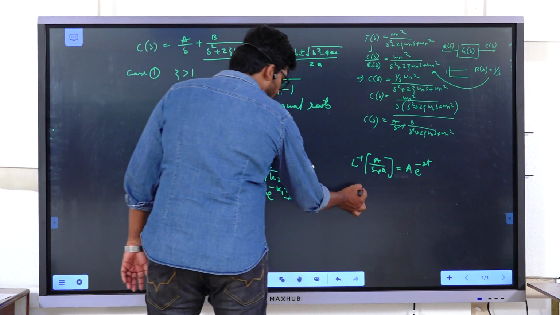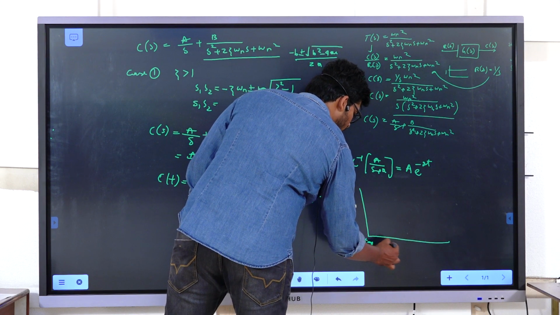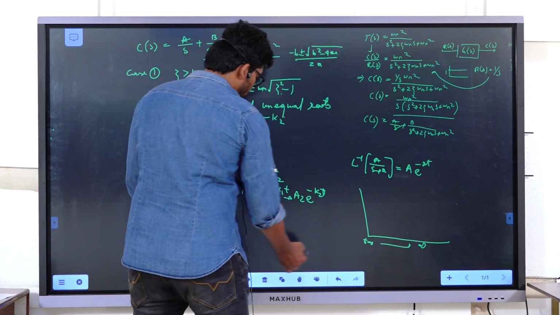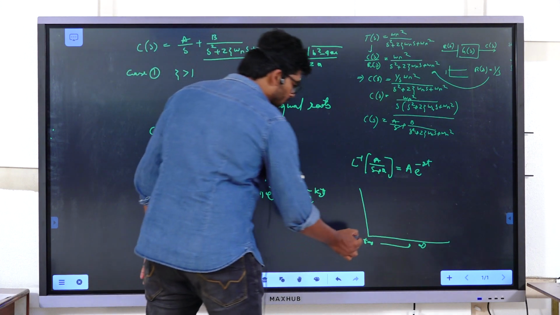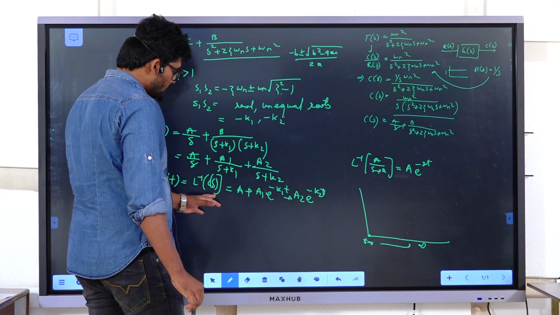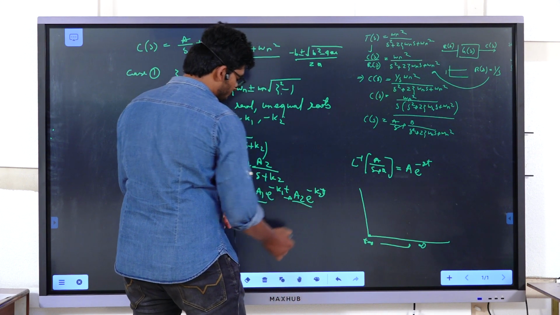So what is the response of the system for t from 0 to infinity? If you substitute t equal to 0, the exponential components will get 0.